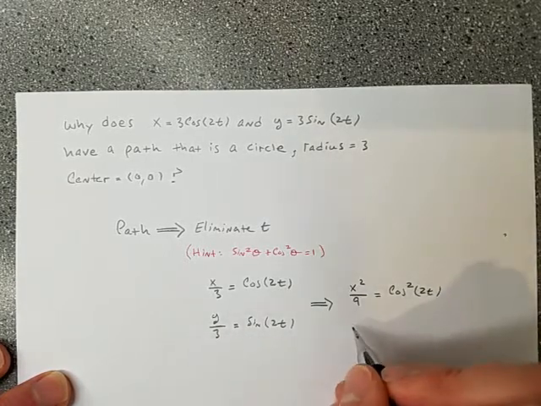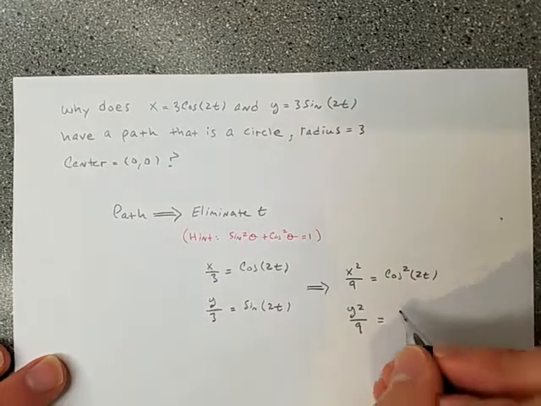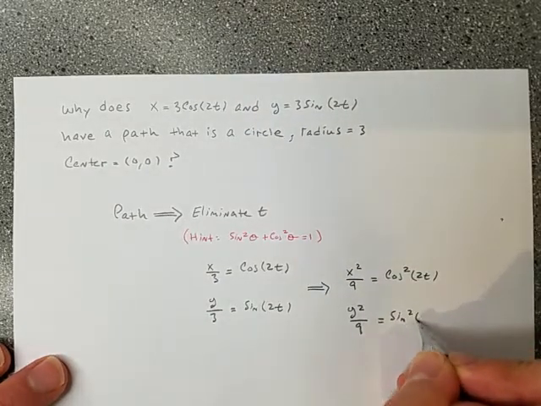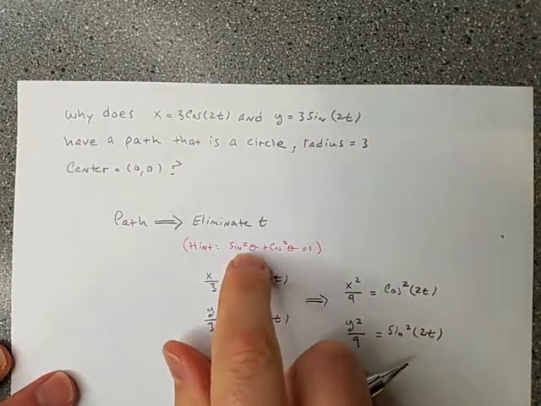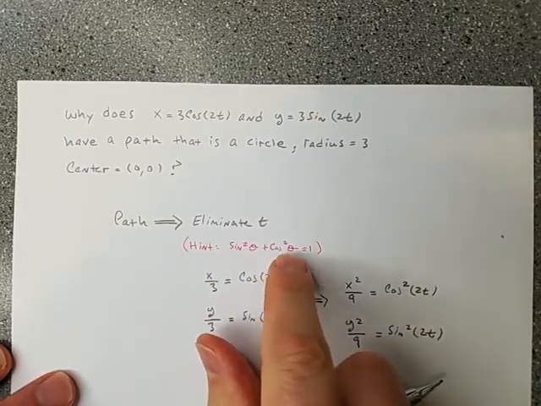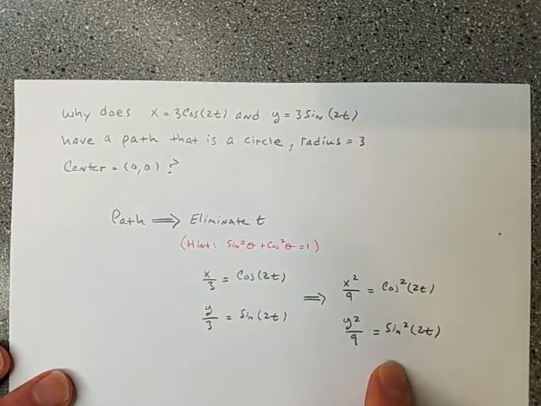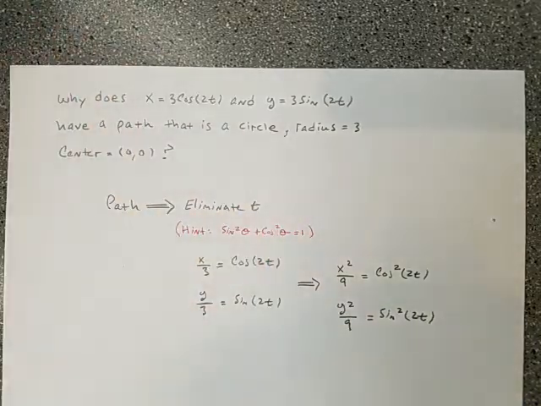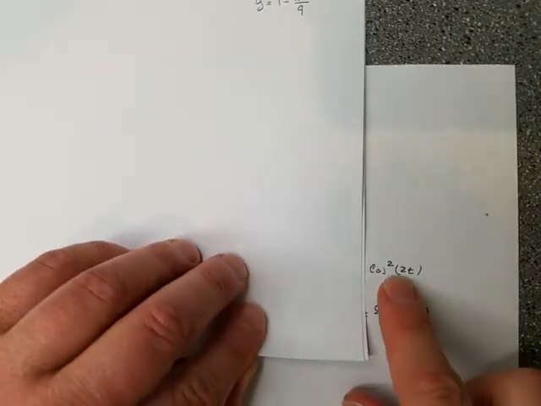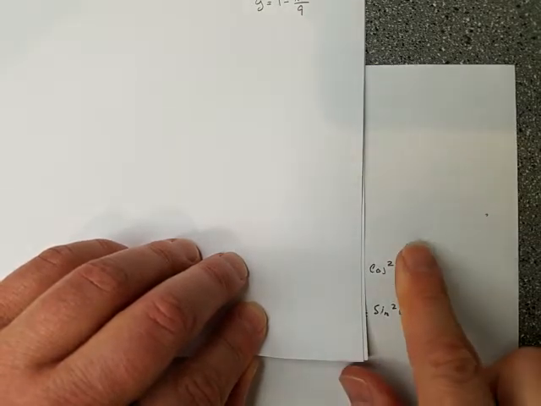And for this one, I'll get y squared over 9 if I square the left-hand side, and sine squared 2t. And so we did say that sine squared of a number or angle plus cosine squared of the same number or the same angle is 1. And it's at that point that I think I can use that. All right. So you might look at it like this. So cosine squared 2t plus sine squared 2t is 1. That's the right-hand side of this.